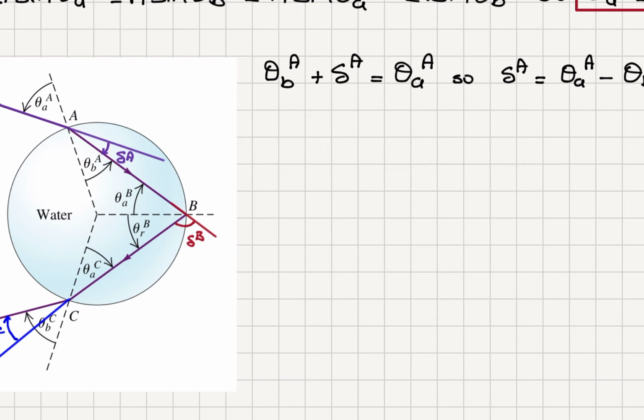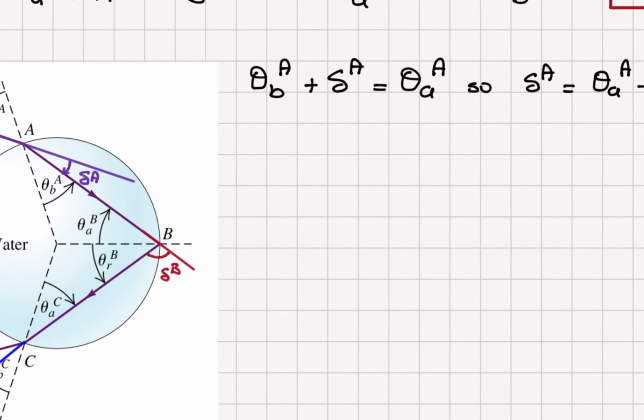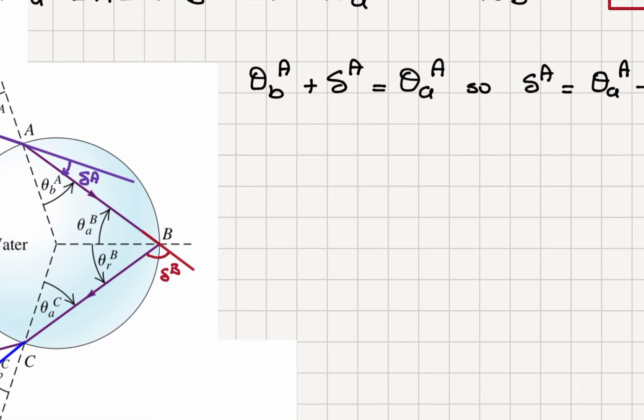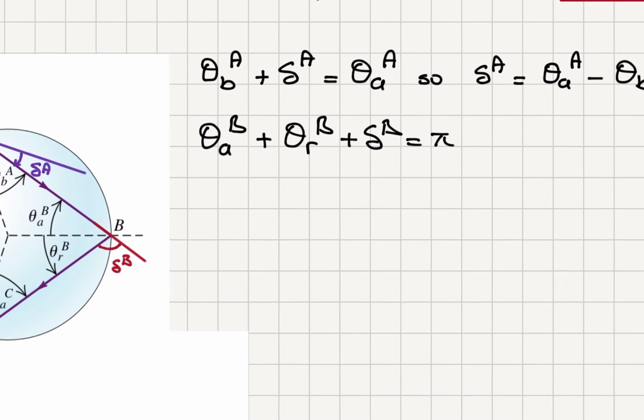So I can write theta sub A at point B plus theta sub R at point B plus the deviation at point B adds up to pi.